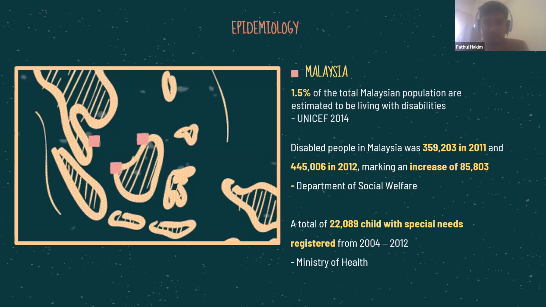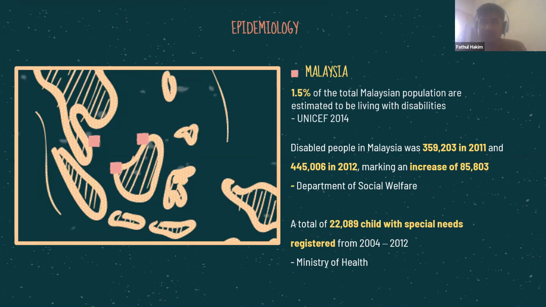In Malaysia, based on UNICEF 2040, 1.5% of the total Malaysian population are estimated to be living with disability. So disabled people in Malaysia were almost 4,000 in 2011, and there was an increase in 2012. There were 450,000 in 2012.